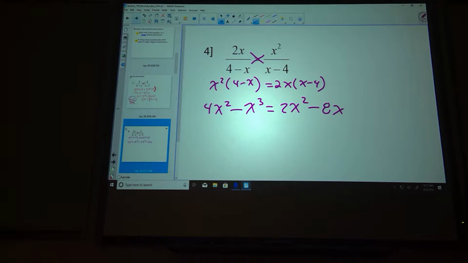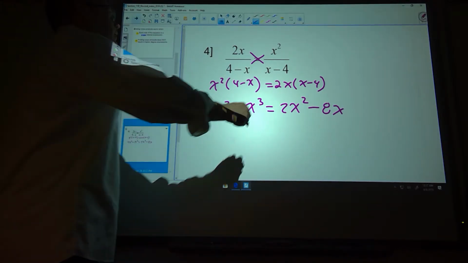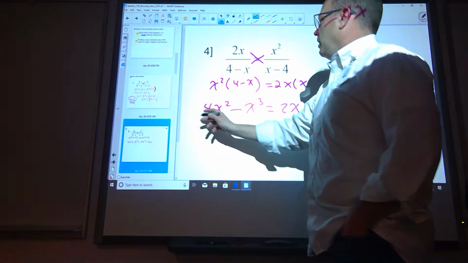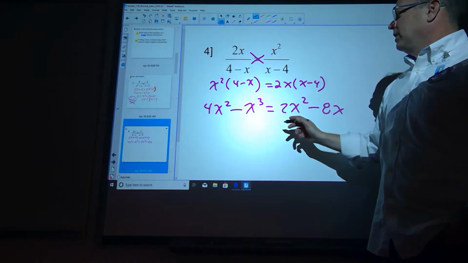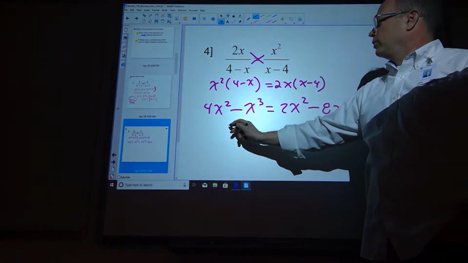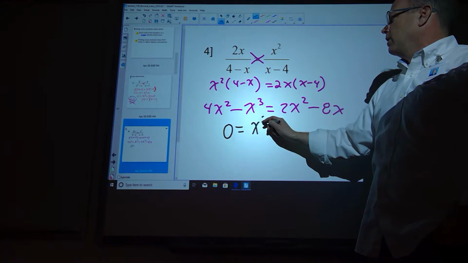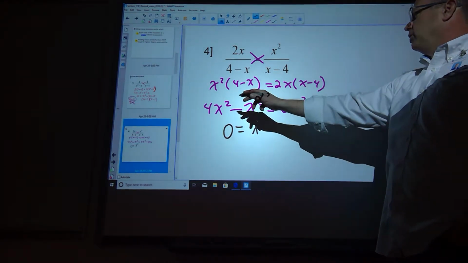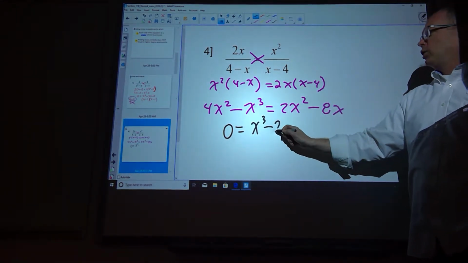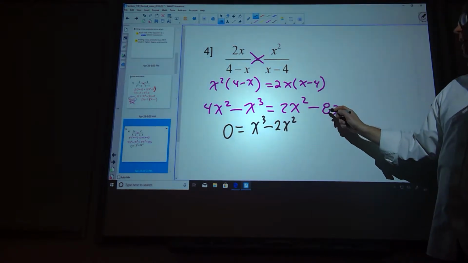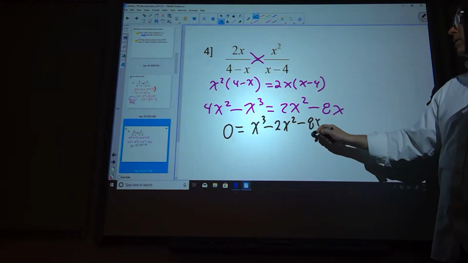All right, let's solve it. I'm going to move everything over to this side, so this is 0. I get x to the third by adding it. If I subtract the 4x squared, I get minus 2x squared, and then minus 8x.